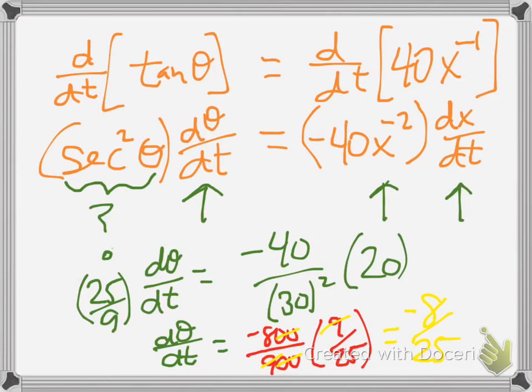Well, in calculus, remember, we prefer radians over degrees. So if we look at our ratio dθ/dt, theta is in radians. Our time was given in seconds, and so this ratio, -8/25, is going to be radians per second.